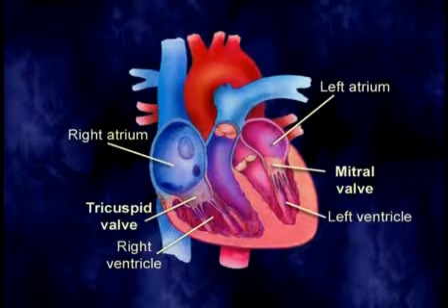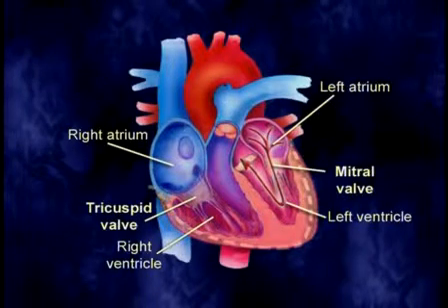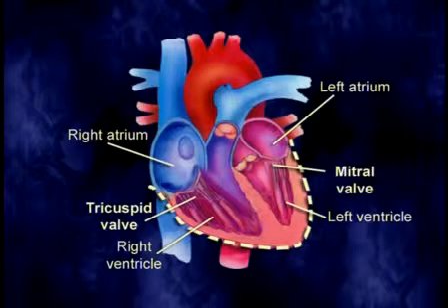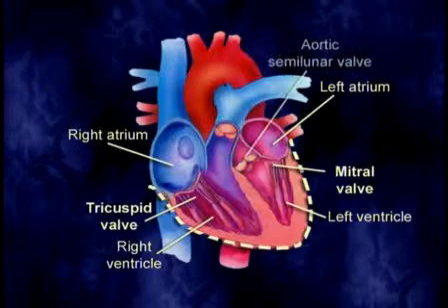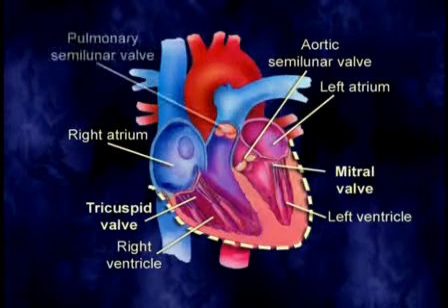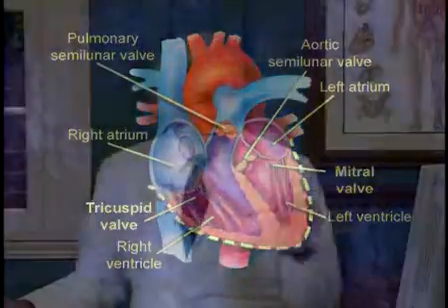Those are the two valves that separate the upper chambers from the lower chambers. So when blood is rushing into the ventricle, the valves are open, and then when the ventricles squeeze on both sides, these valves shut to prevent backflow into the atrium, and these valves open up. Here's the aortic semilunar valve, meaning it has half-moon shapes. And then the pulmonary valve also has half-moon shapes, and this one has three little cusps that you can see on this picture.